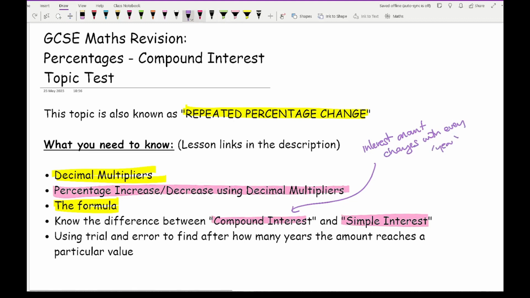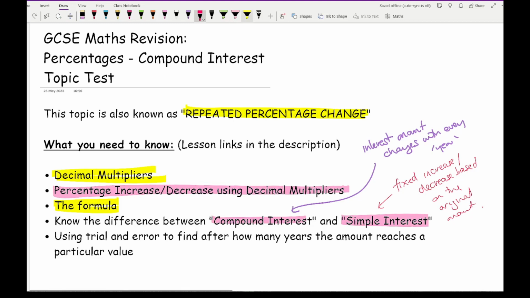Now with simple interest, this is where you have a fixed increase or decrease based on the original amount. It's one of those dying breeds, but this question does come up in the exam and it is something that you do need to be aware of.